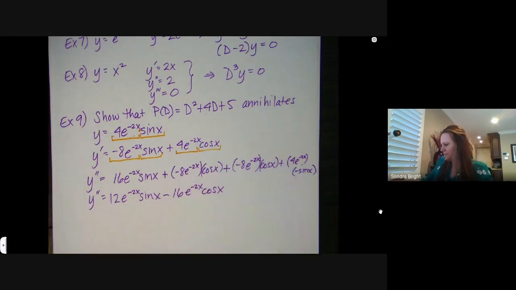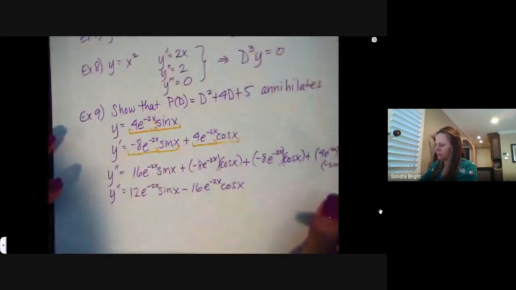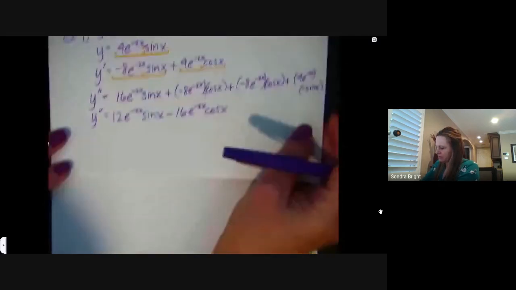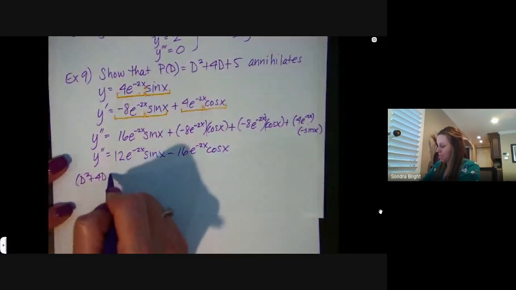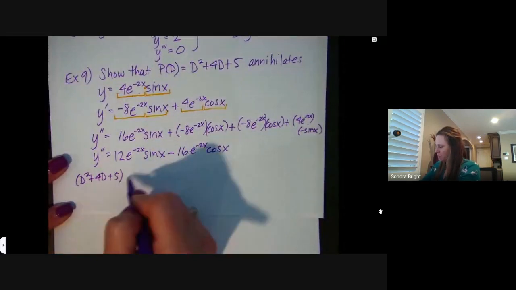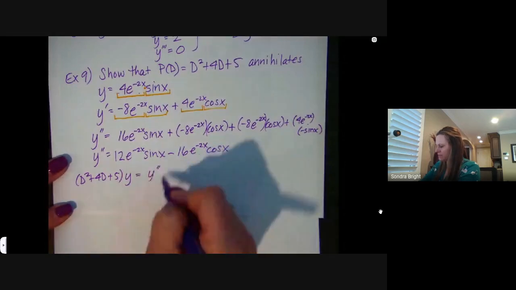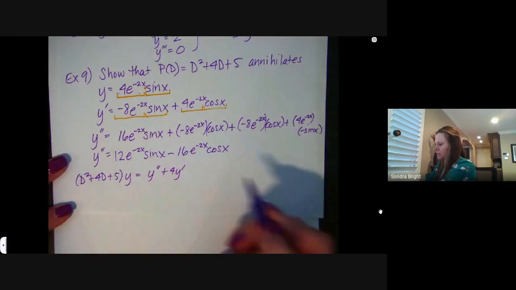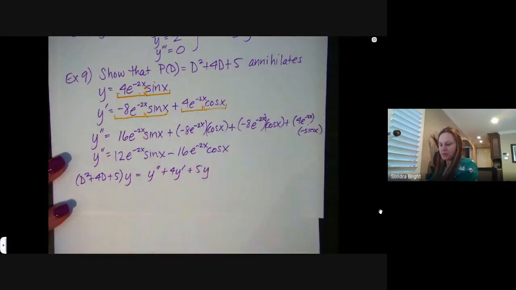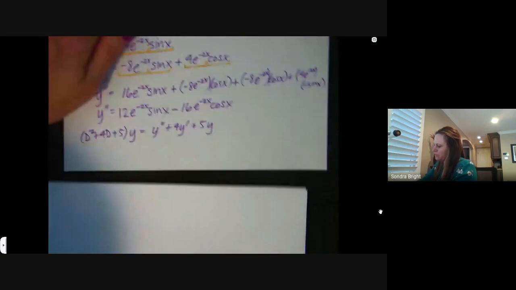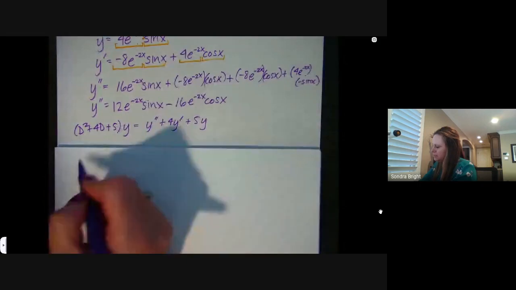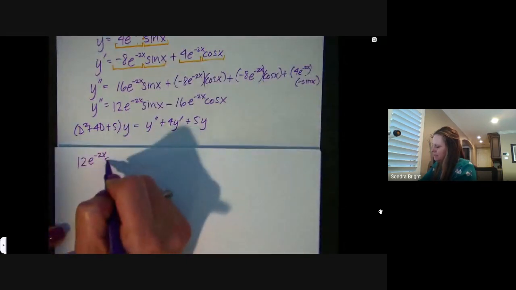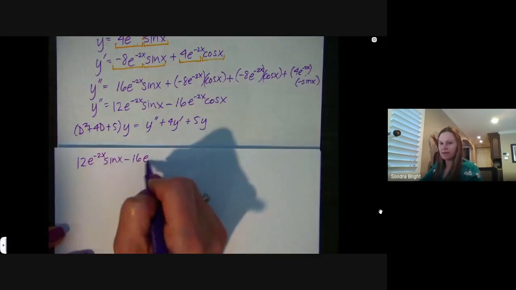All right, so keeping in mind that when they ask you for d squared plus 4d plus 5 operating on y means second derivative plus 4 times the first derivative plus 5 times y. So that's what I'm about to plug in. Second derivative was this guy, so I'm going to have a 12e to the negative 2x sine of x minus 16 times e to the negative 2x times cosine of x.